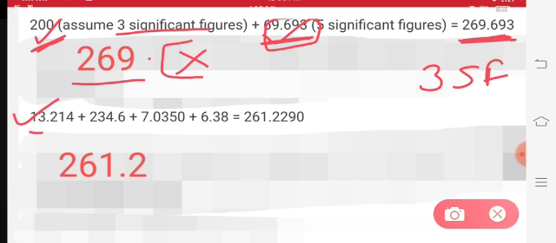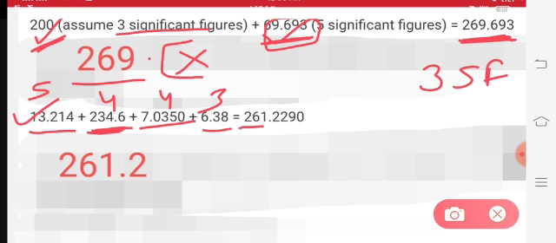Now you have a number which has 5 significant figures and 3 decimals here, and here you have 4 significant figures, here 4 again, 3 decimals here, but you have to find the least decimal places in these numbers, which is 0.6, and it is the least one among these.